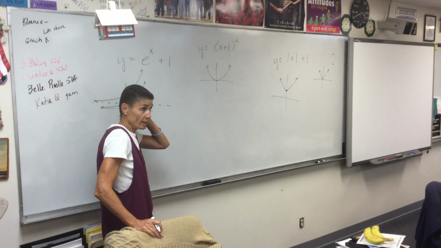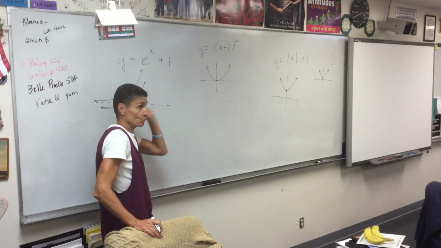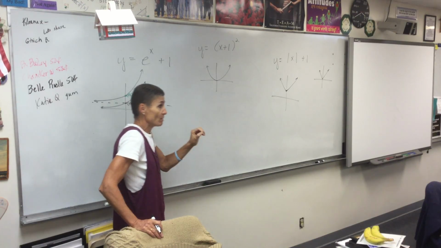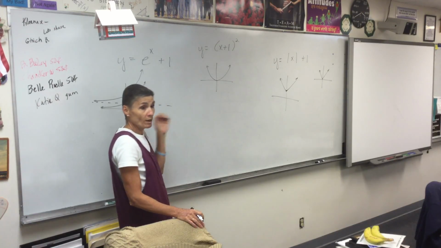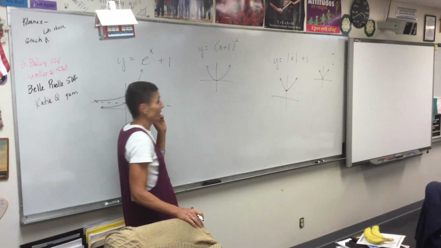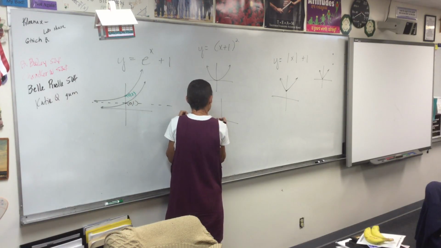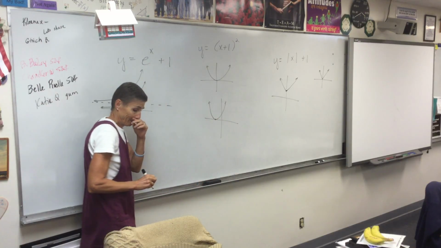Look where that +1 is. Is it grouped with the X this time? Yes, which means it's going sideways. And remember, the X motion is always opposite. So it's +1, we're going to go 1 unit to the left. There's the picture.